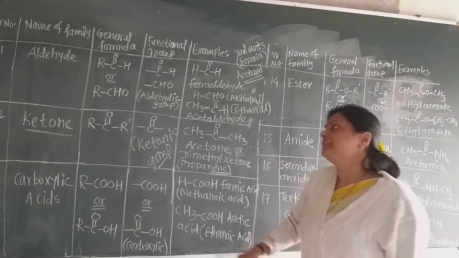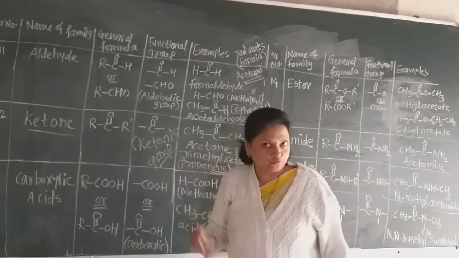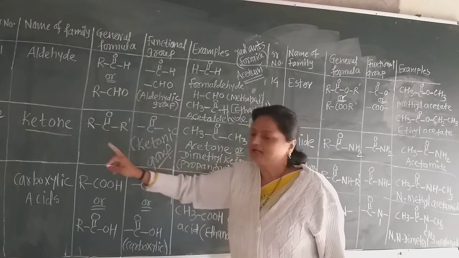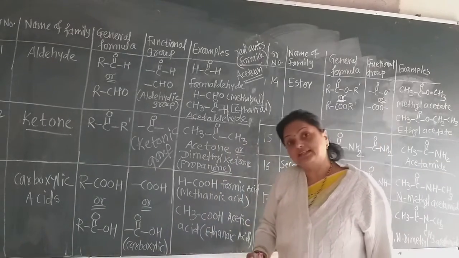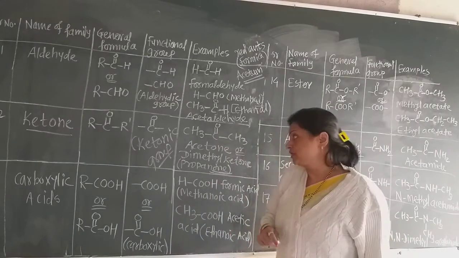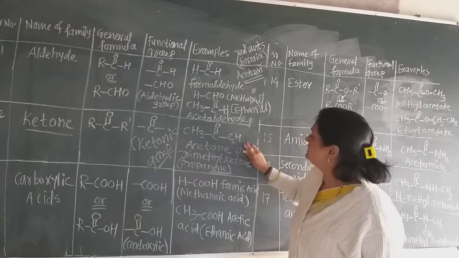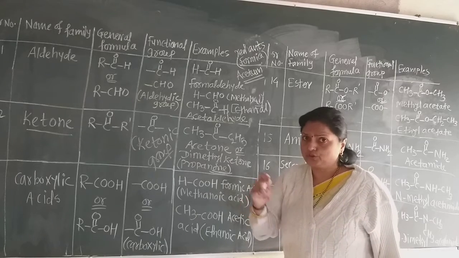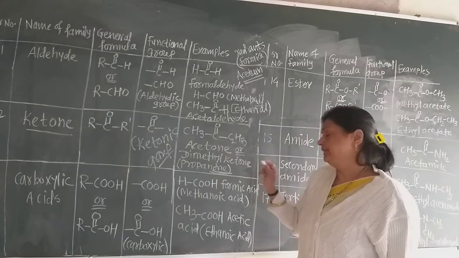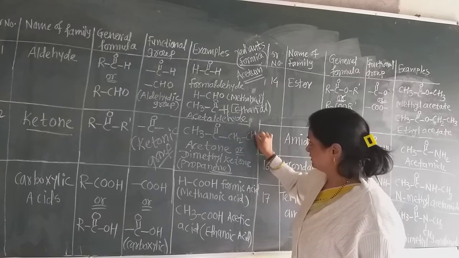One thing to remember is that the ketonic group is always in the middle of the molecule, not at the end position, because on both sides of the ketonic group there are the same or different alkyl groups. Now suppose one group is C2H5. You know this is the ethyl group, C2H5, which we can write as CH2CH3.